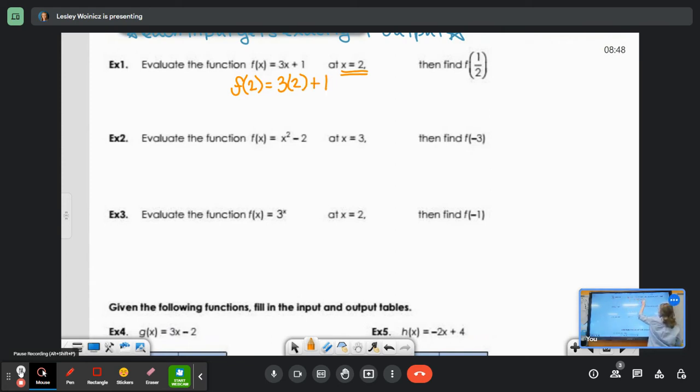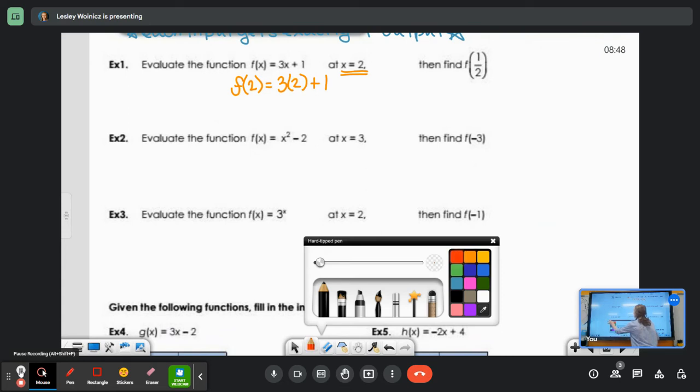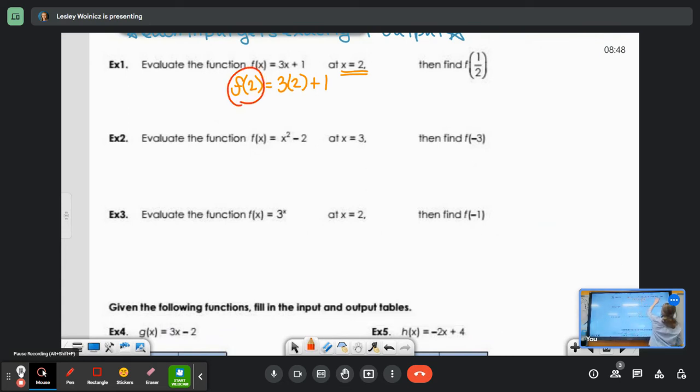So this piece right here, f of 2, means the output for 2. What this means is the output for 2 is given by this rule.